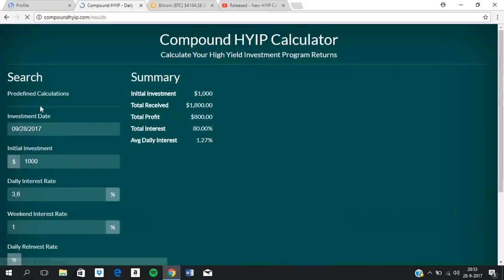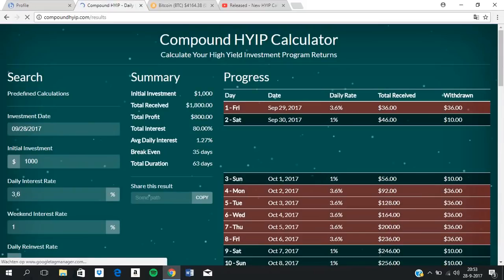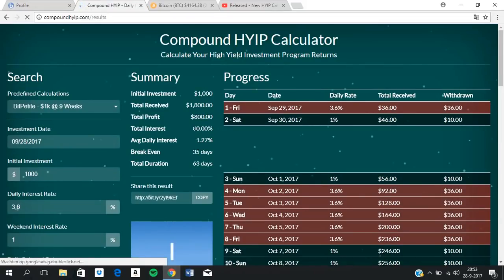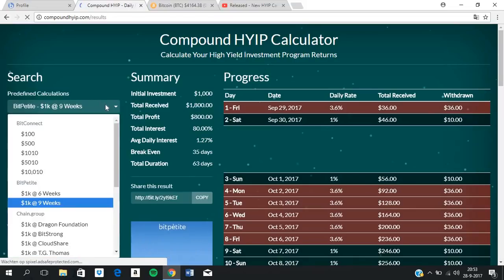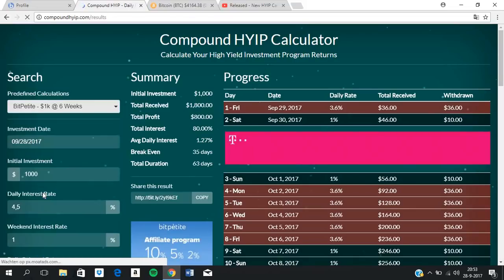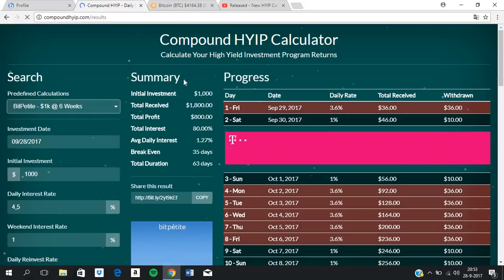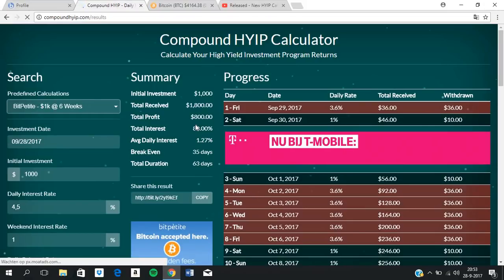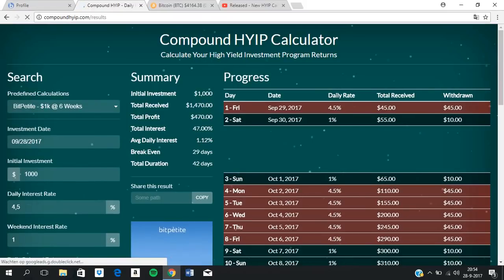If we calculate this, then you will see that the total interest is 80%, and with 1,000 you will receive $1,800 in 9 weeks. If you choose 1,000 in 6 weeks, it will be $1,470.